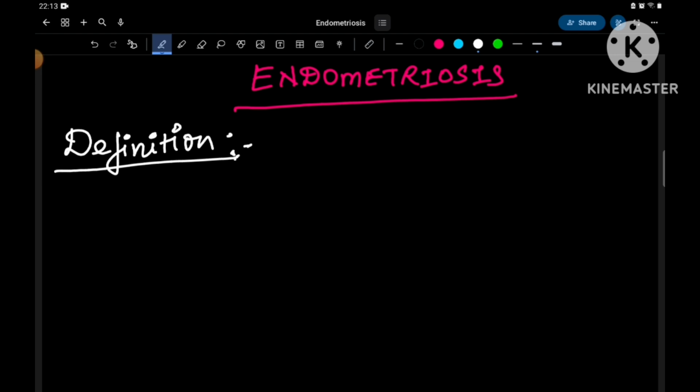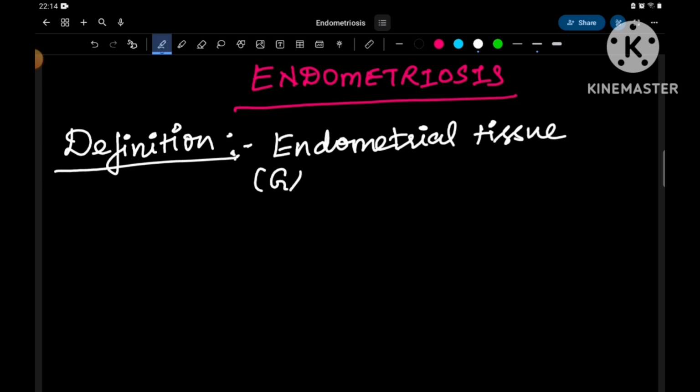Okay, first, what is the definition? Simple definition: endometriosis is nothing but endometrial tissue. What is this endometrial tissue? It is nothing but glands plus stroma.